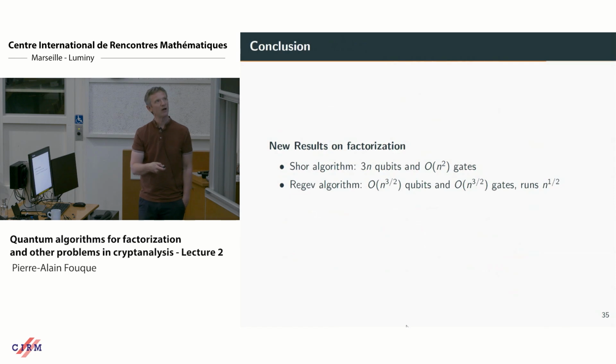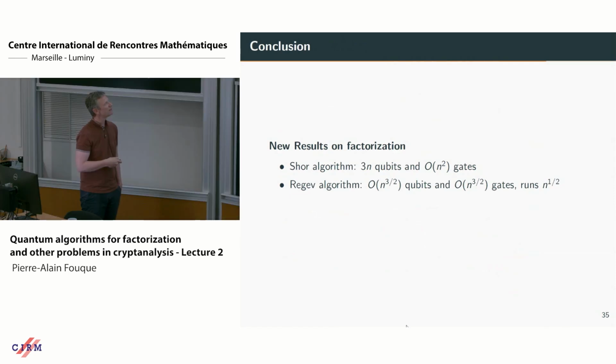In 2023, 3 years after the evaluation by Ekera and Gidney, Oded Regev shows a new algorithm where the number of qubits is larger than for Shor algorithm. You lose a square root of n in qubits, so it is much larger. But the circuit can be reduced by a square root of n, and you have to run the algorithm square root of n times more.